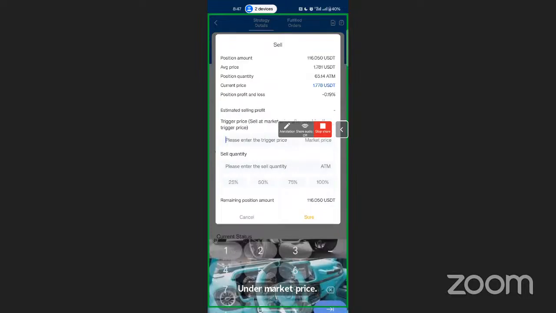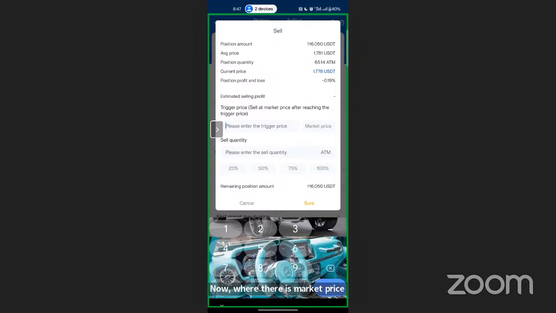Now, where there is market price, we are going to enter a certain price that we want our robot to sell, which is 1.791. We want it to sell 100%. Then we tap sure.